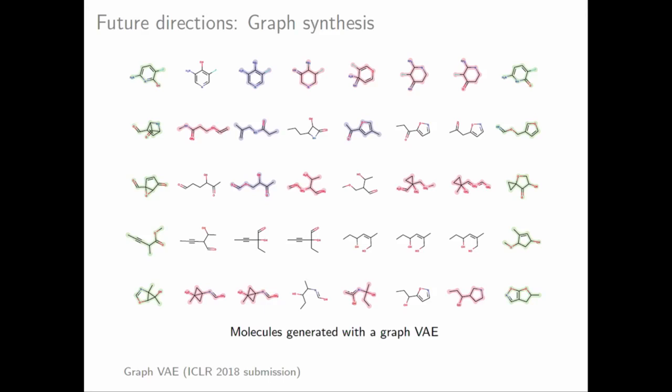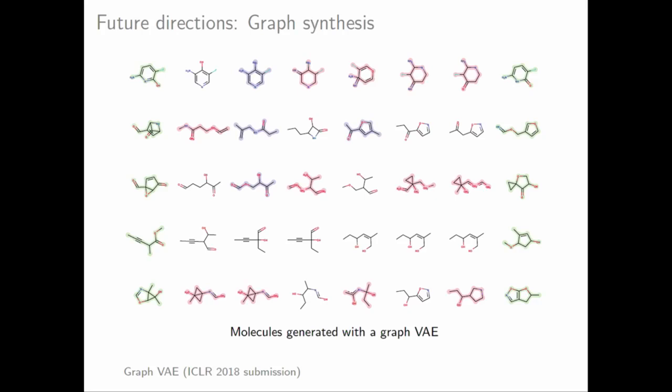And now I want to briefly mention some of the other future directions that involve graph neural networks in some form. One interesting and obvious one is generative models, right? We have seen very successful generative models for images in recent years. So one question is, what is the equivalent of a generative model for graphs?